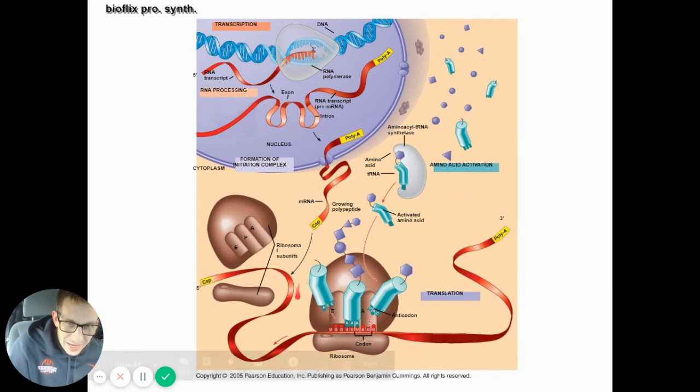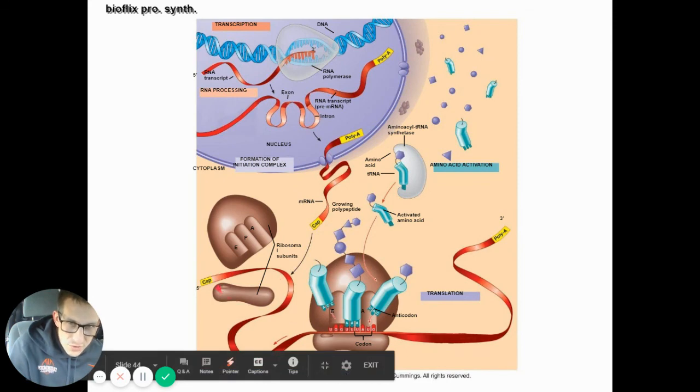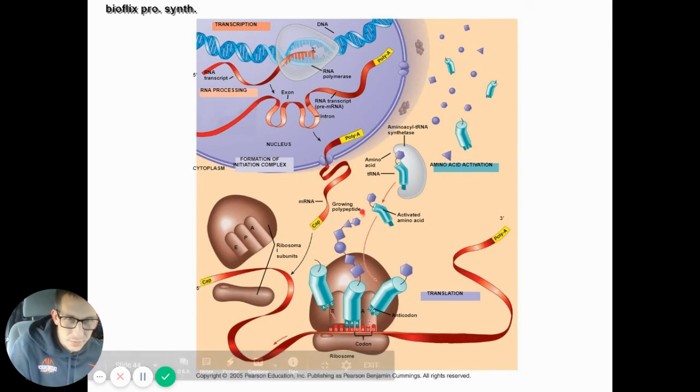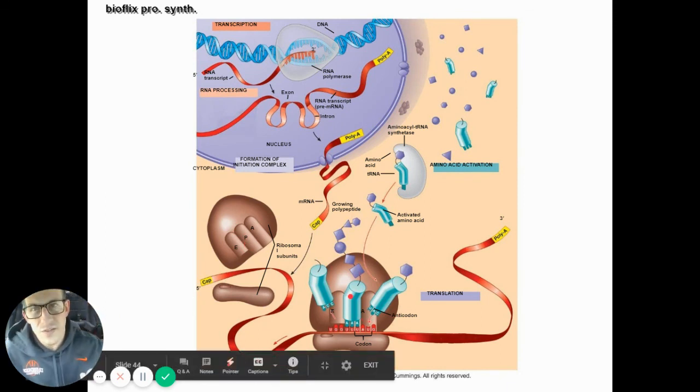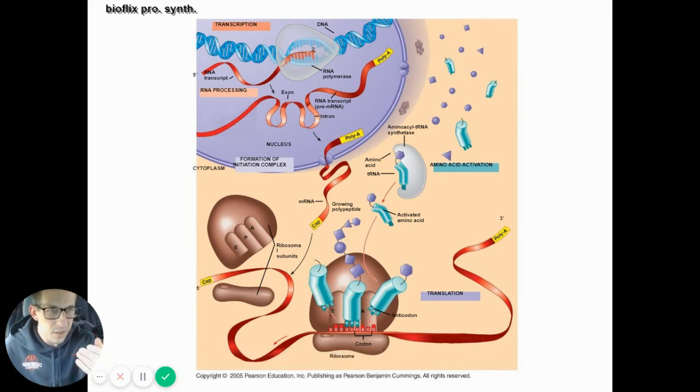We have that attached to the small ribosomal subunit, as we see right here. The large ribosomal subunit comes in, and we get our polypeptide strand that grows. So I think this is a really good diagram to quiz yourself or narrate and see if you actually understand what's happening in each phase.